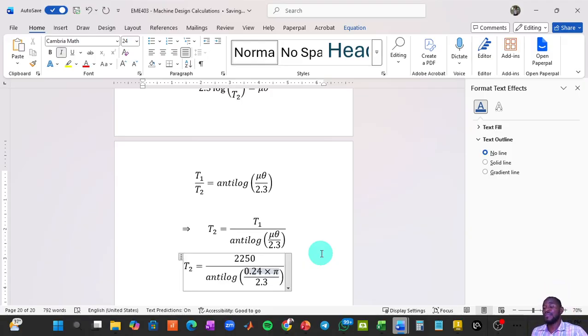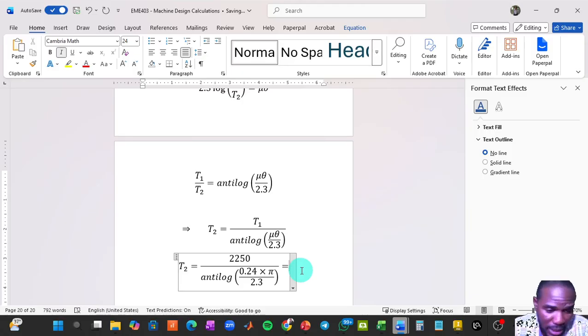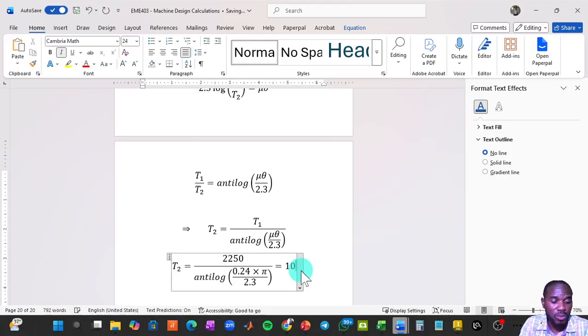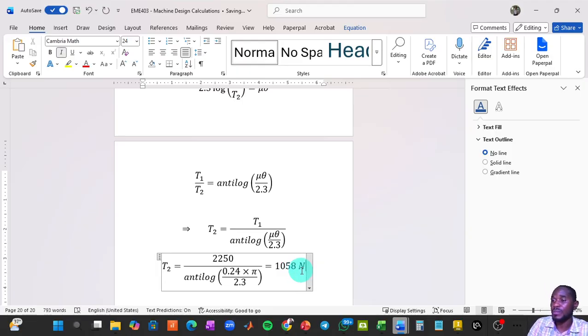So everything there is a number. This is not a live class, otherwise I would have allowed you to calculate and let me know, but this isn't, so I will just get the value for you. Approximately, T2 will be 1058 newtons.